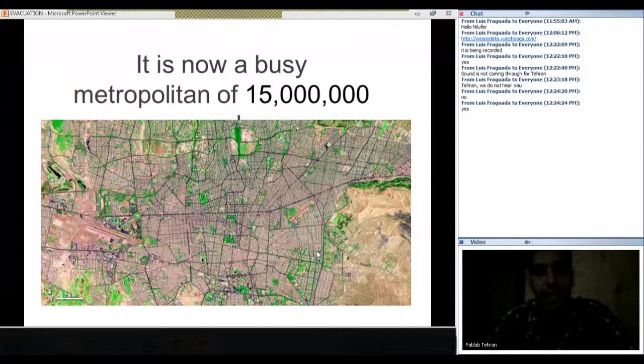So, you know that it increases the population density, but roads don't change, and the transport system remains. That's the main problem.